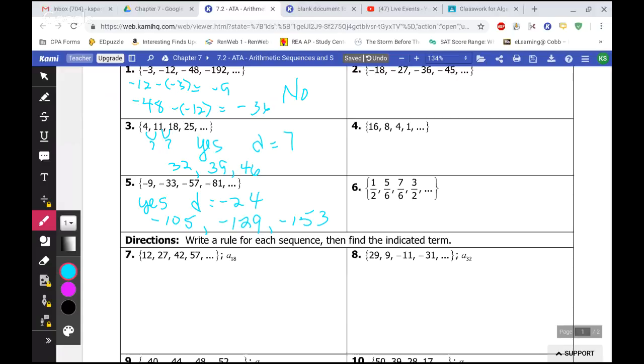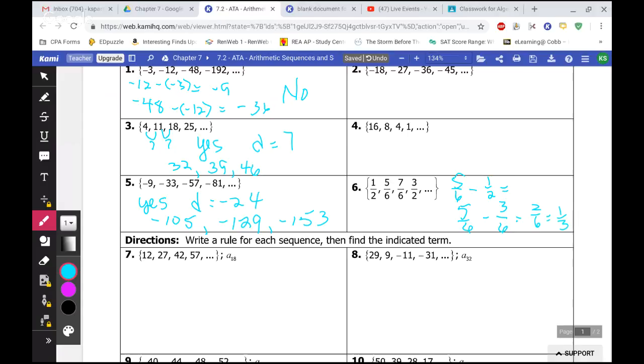Number 6, for the fraction one, to find the difference, you would do 5/6 minus 1/2, which you have to get a common denominator. So 5/6 minus 3/6, that's going to be 2/6 or 1/3.